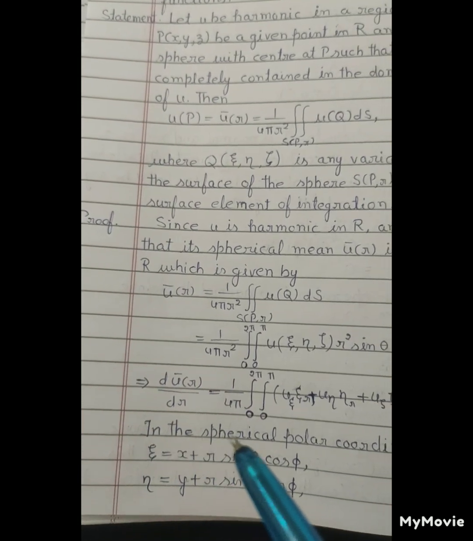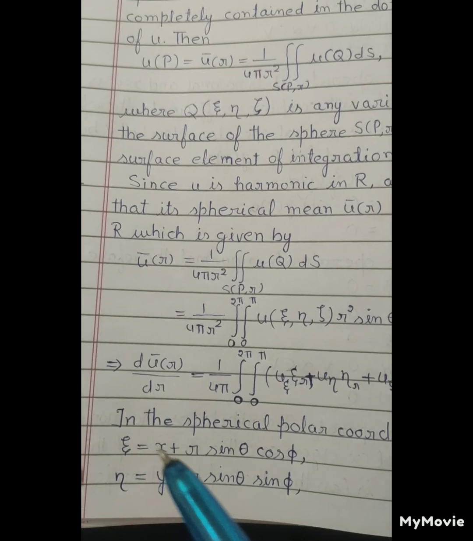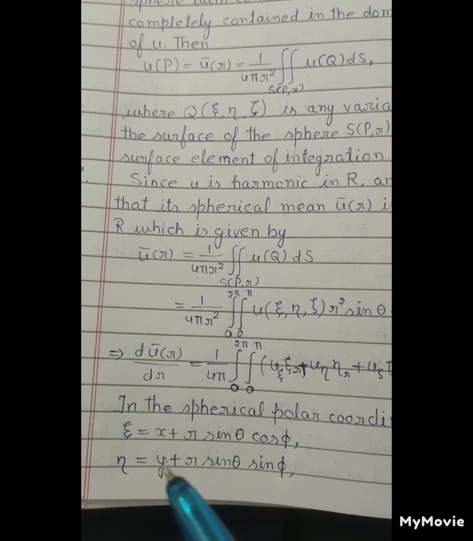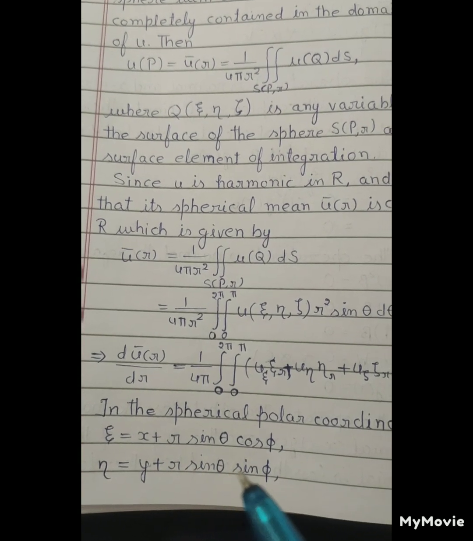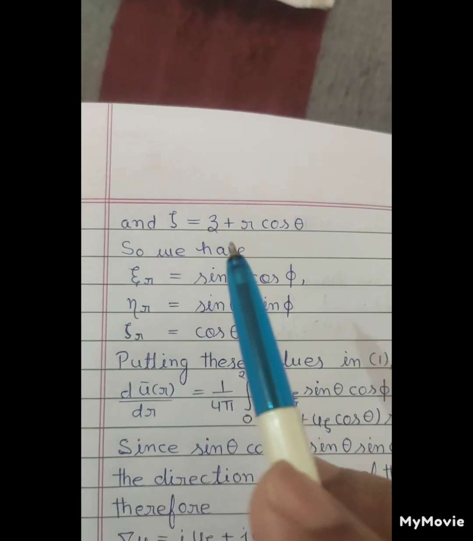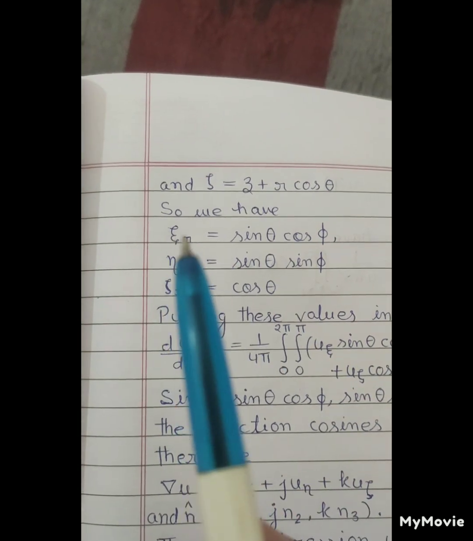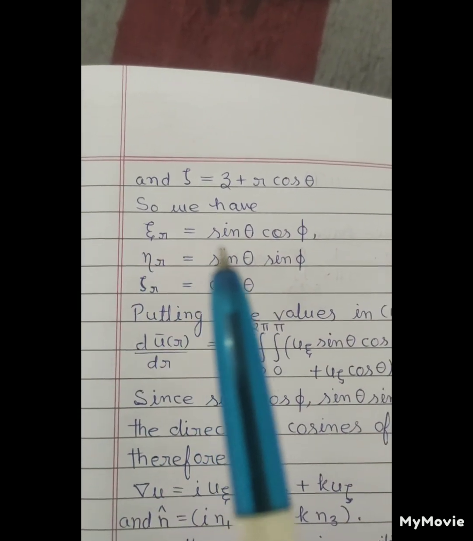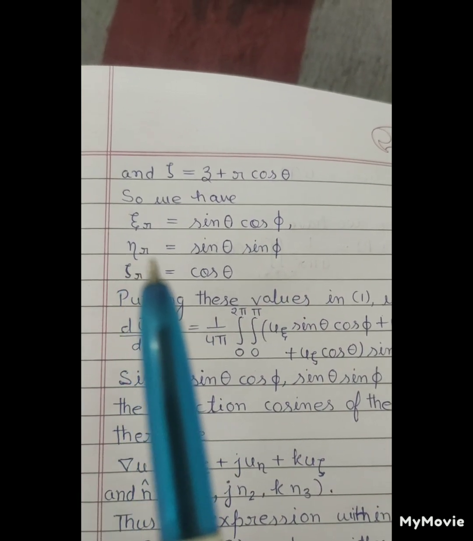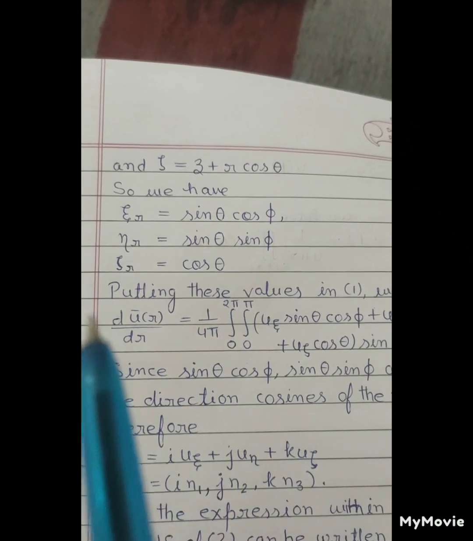In spherical polar coordinates we have xi equals x plus r sin theta cos phi, eta equals y plus r sin theta sin phi, and zeta equals z plus r cos theta. So we have xi_r equals sin theta cos phi, eta_r equals sin theta sin phi, zeta_r equals cos theta.